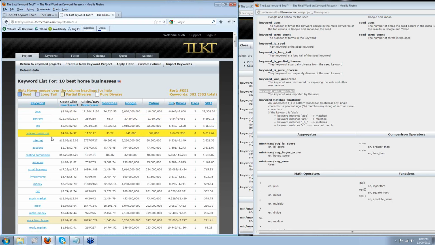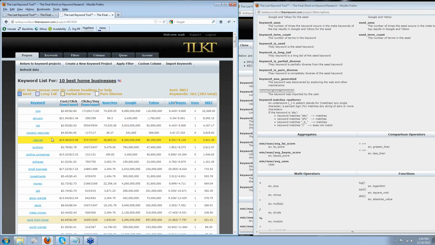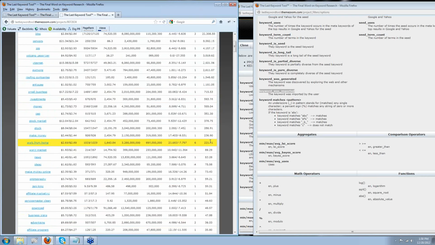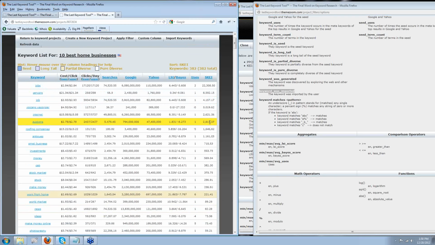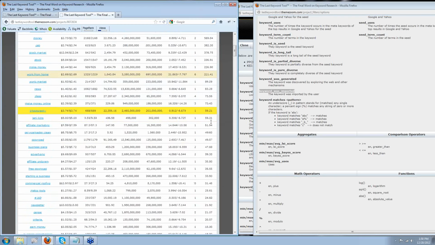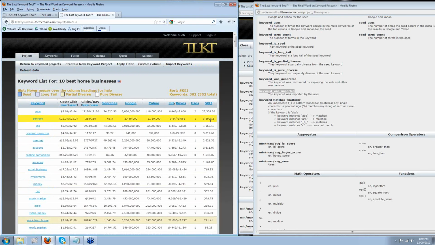But you still have things like volcano vaporizer, which, I know that was an imported keyword, but still you have to wonder about how relevant that is to home businesses. But anyway, you can see here how adding that in the divisor not only brought the things that were more relevant to the top, but it also made the number substantially larger so that you can actually start to see where differences come in. So that's just kind of like fun with numbers.